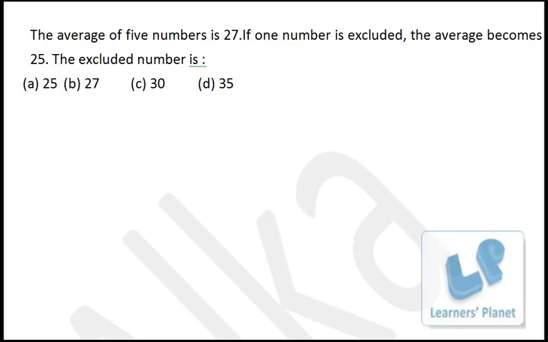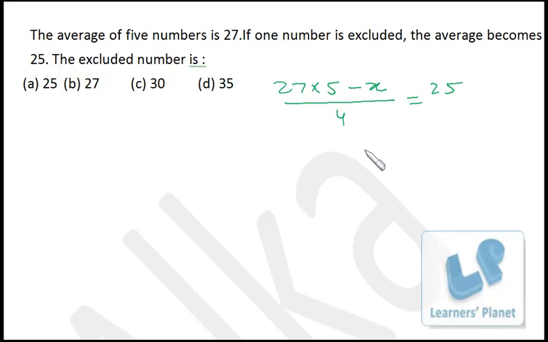Once again the problem is very simple. The average of 5 numbers is 27, so the total will be 27 into 5, and we are excluding one number, suppose it is x. This entire expression is the total of the remaining numbers, and if I divide it by 4, I get the average of the remaining 4 numbers, which is given to us as 25.